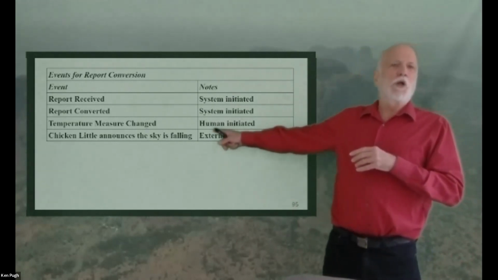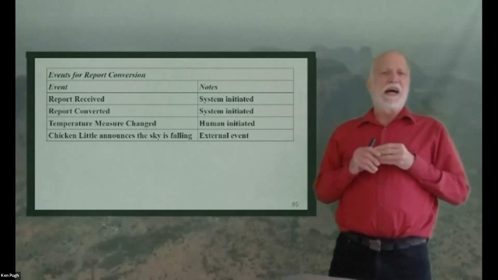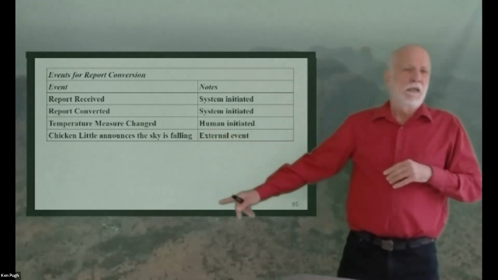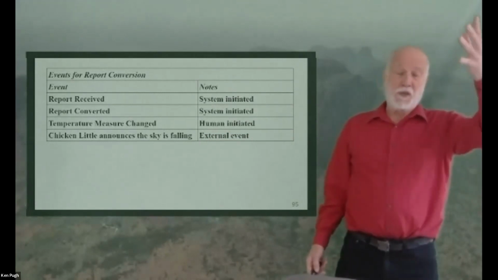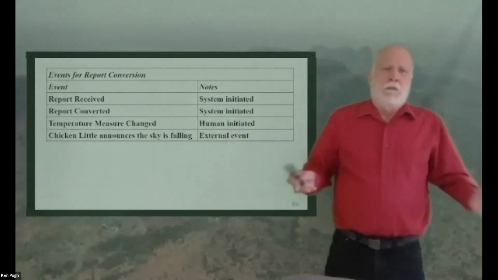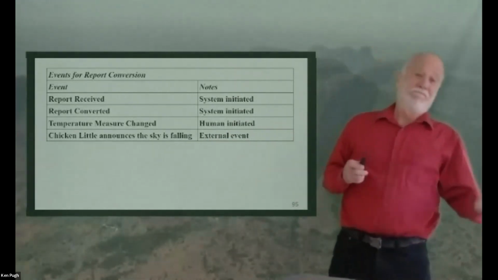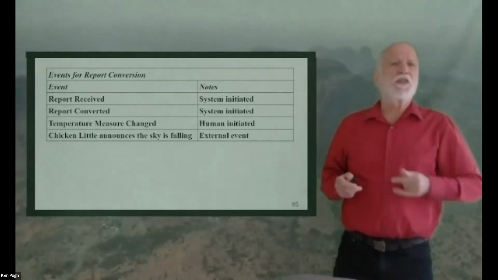Oh, there's an event called temperature measure change. The human went in and changed the configuration file. And now you might have events that actually have no bearing. But if you're thinking about events like Chicken Little announces the sky is falling, should our application respond to that event or not? Maybe, maybe not. So events are things that occur.